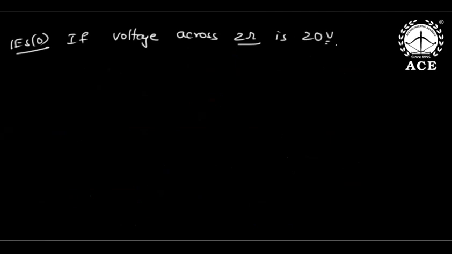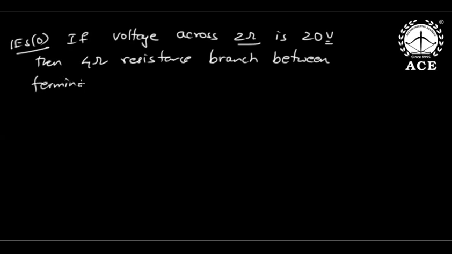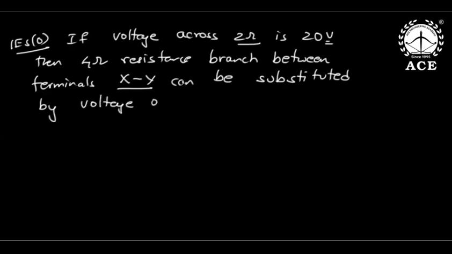Okay, sir. First IES objective. If voltage across 2 ohm is 20 volts, then the 4 ohm resistance branch between terminals XY can be substituted by a voltage of dash value with dash polarity.